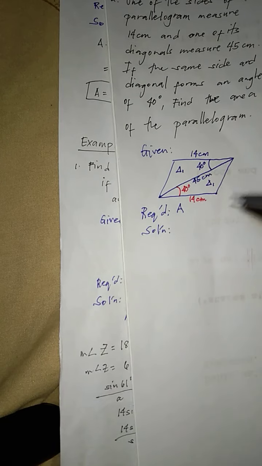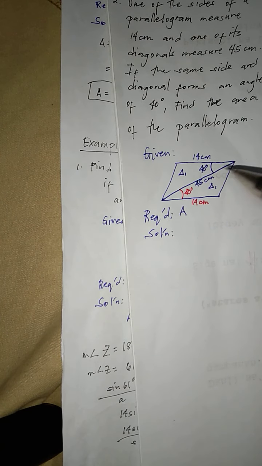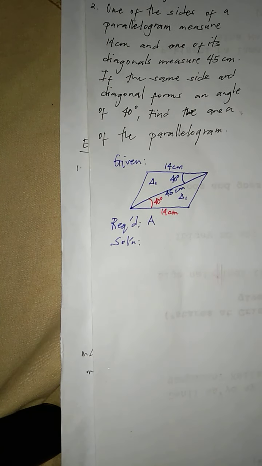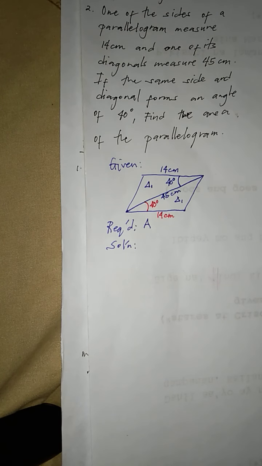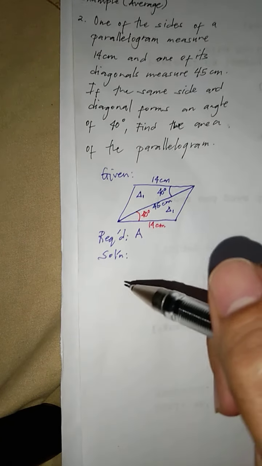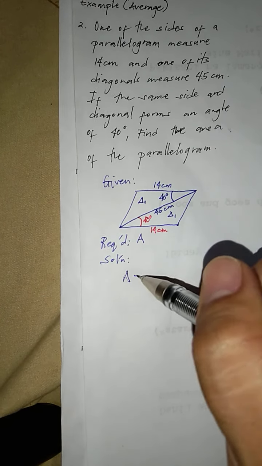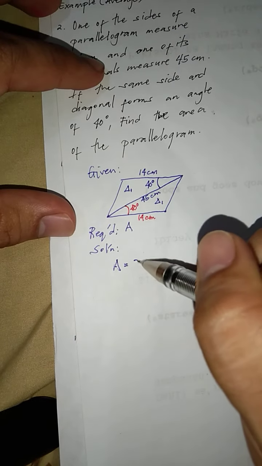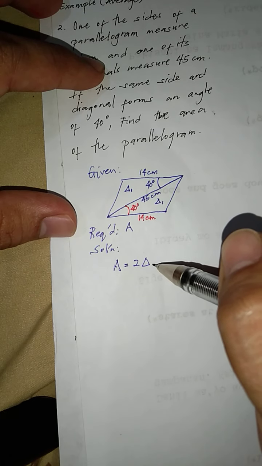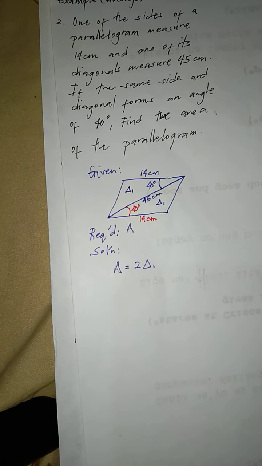So that means that this parallelogram, or our figure, is simply composed of these two identical triangles. So for our area, we say that the area A is equivalent to 2 times the area of triangle 1.